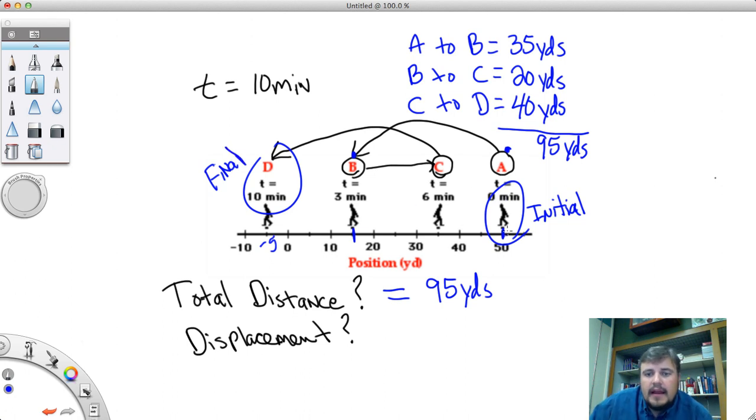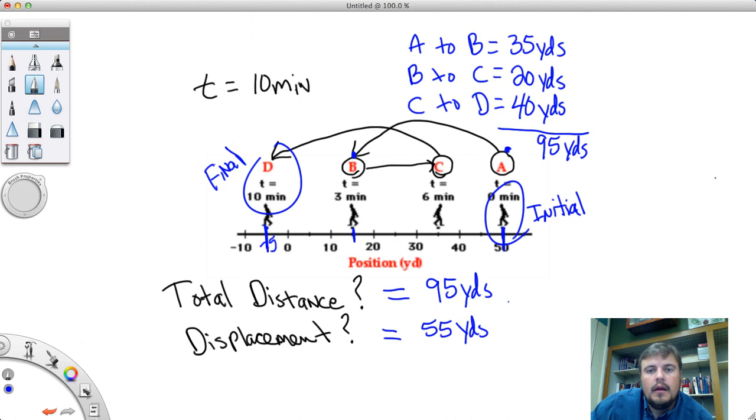Okay, going from the 50-yard marker all the way down to the -5. 50 to -5. That's a grand total of 55 yards. So as you can see here, total distance and displacement sometimes may be the same, but also can be different.